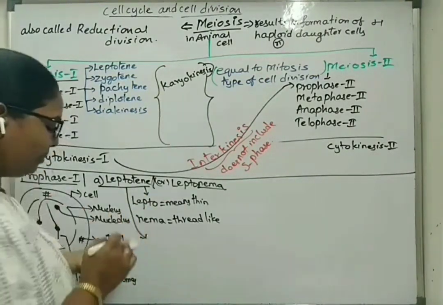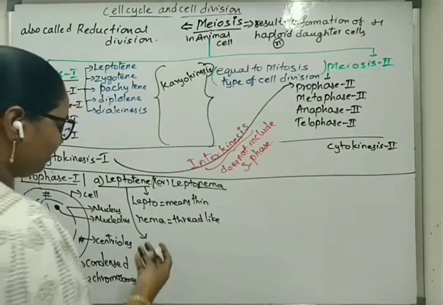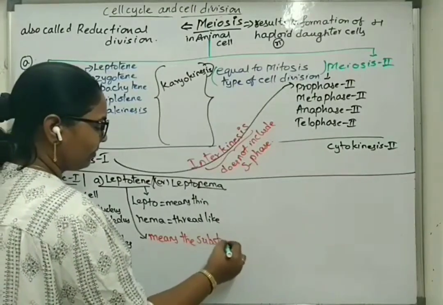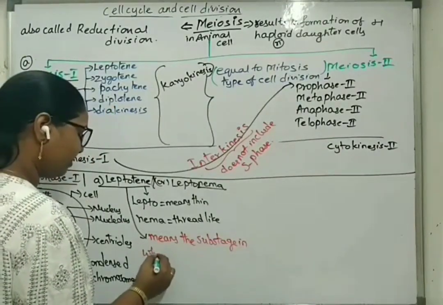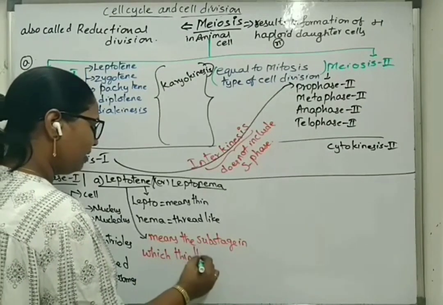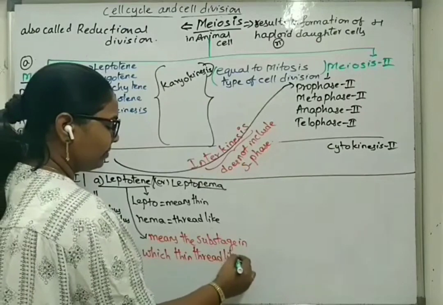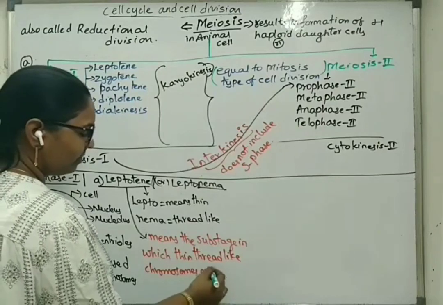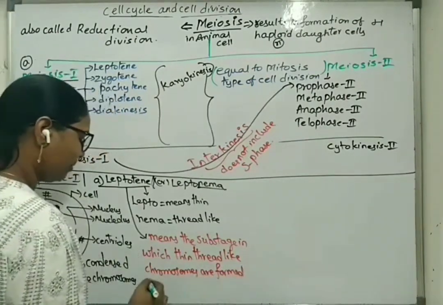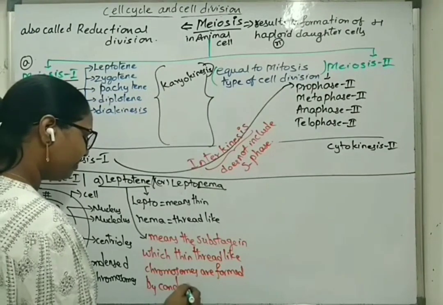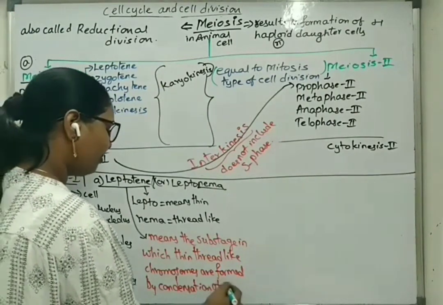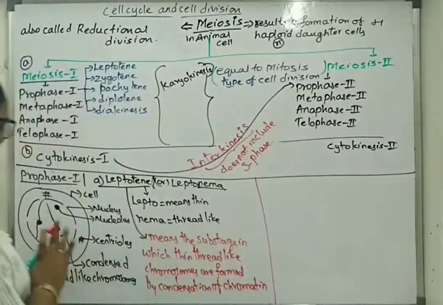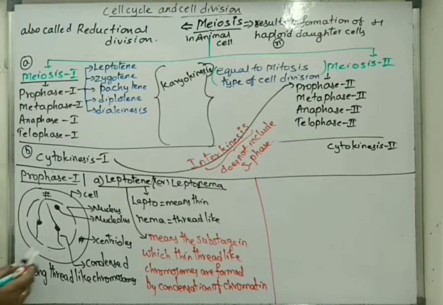So leptotene means the substage in which thin thread-like chromosomes are formed by condensation of chromatin.